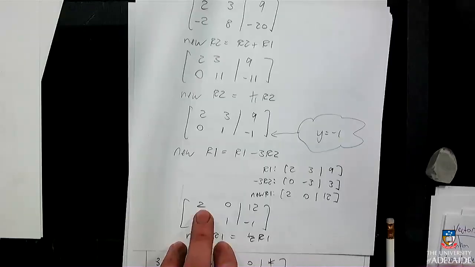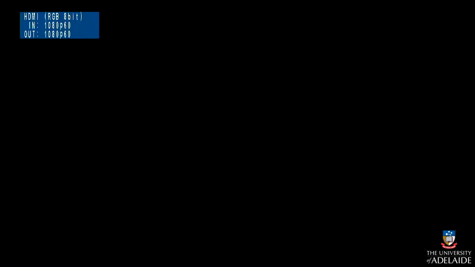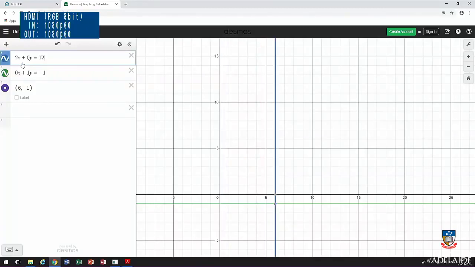And my next equation was 2, 0, 12. Which is a vertical line now. And then my next equation was 1x is 6, which is the same vertical line. So what I've slowly done is I've moved the lines without changing the intersection point, so it was a lot easier to tell where the intersection point is.